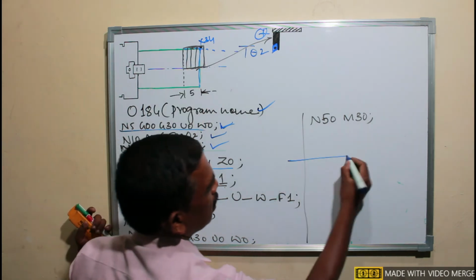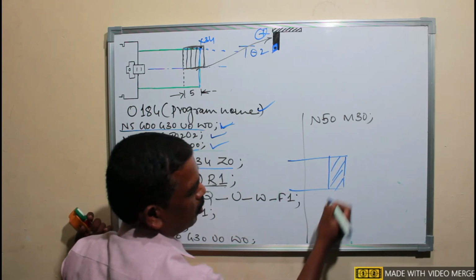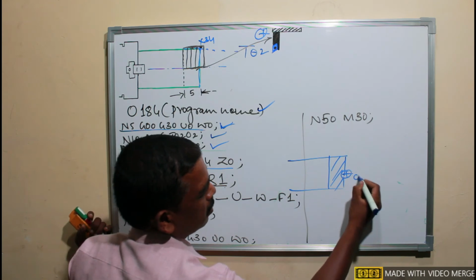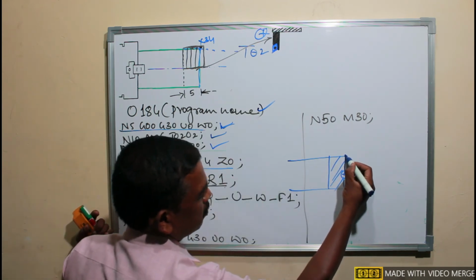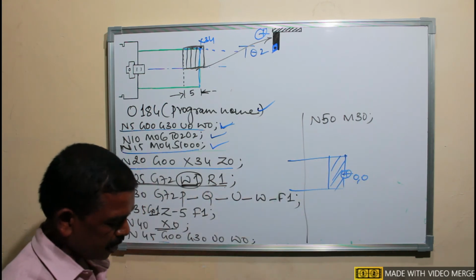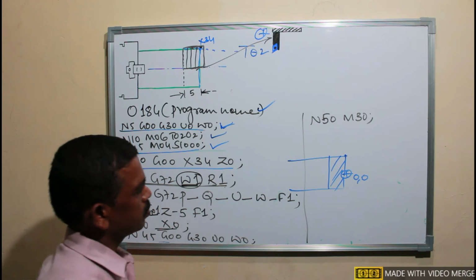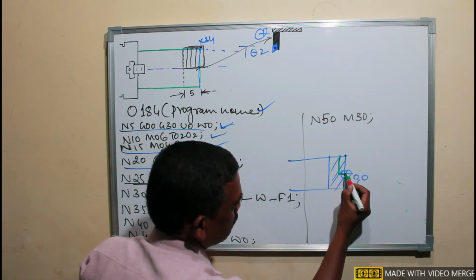See, this is the workpiece, this is the extra stock we have to remove. Now the 0 0 is here. When the tool is at this position, the tool will move 1 mm on the face of the workpiece. It will remove 1 mm material, and come like this.